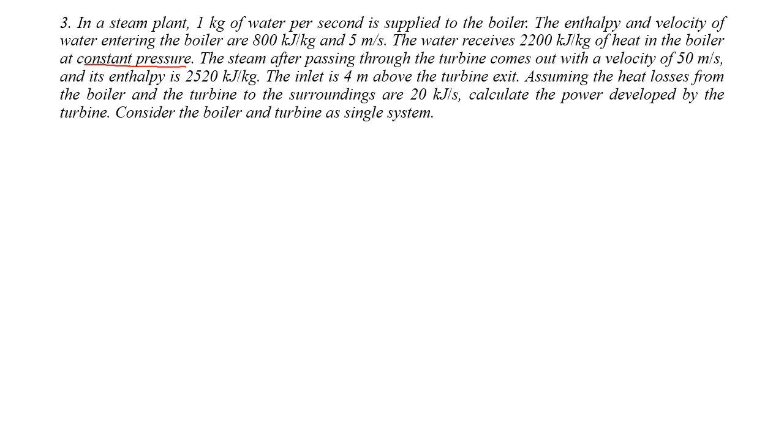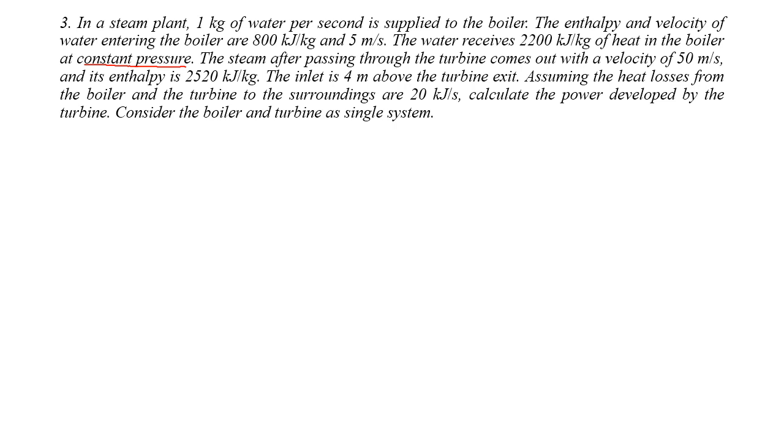The steam after passing through a turbine comes out with a velocity of 50 meter per second and its enthalpy is 2250 kilojoule per kilogram. The inlet is 4 meter above the turbine exit.